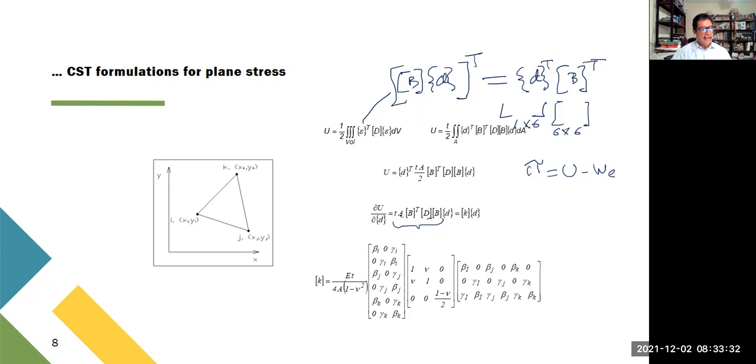But I have A here, so I get 4A in the denominator. The t is here. The E over 1 minus nu squared comes from the D, and this is the result. So what we have to do is this operation in order to get a 6 by 6 stiffness matrix for every element. Questions, people? Questions?